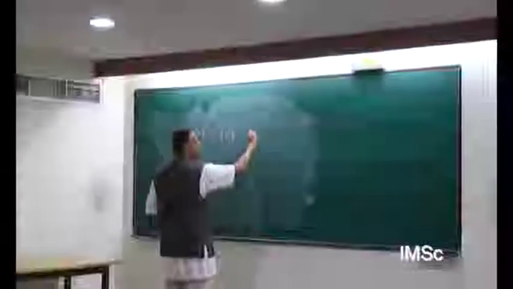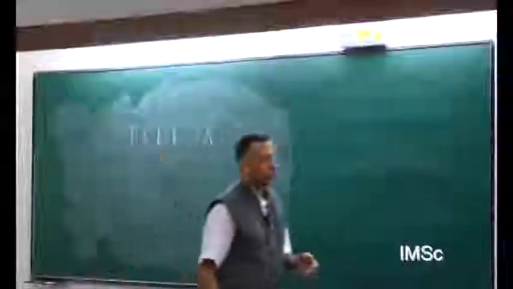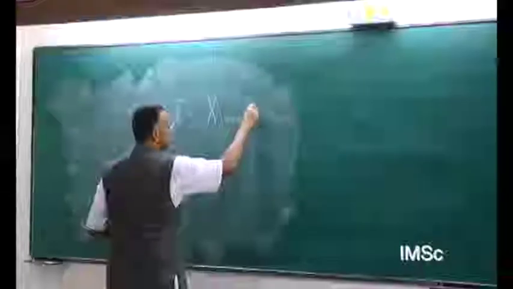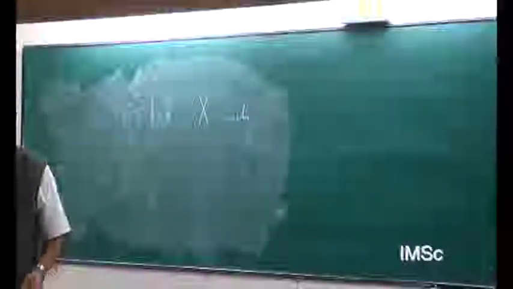So F is a subfield of an algebraically closed field K. X says a variety over K. So we think of this as points over K. At the moment, you can even think of an affine variety.